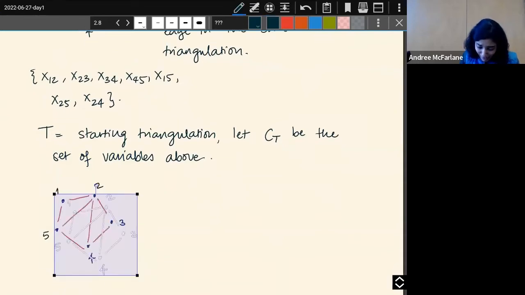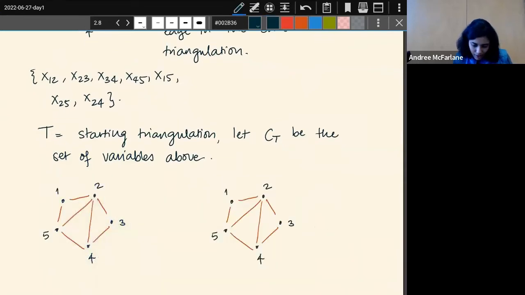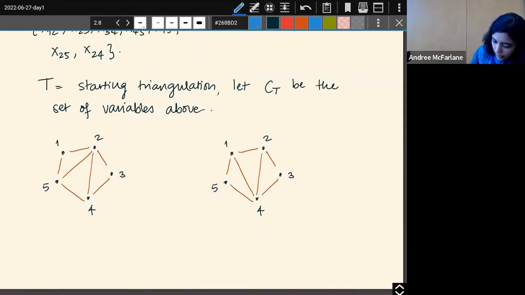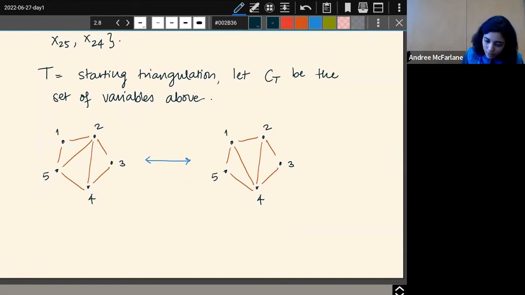So I'll flip my favorite internal edge, maybe 2,5. What I'm going to do is give you an algebraic operation to do every time I perform a flip.